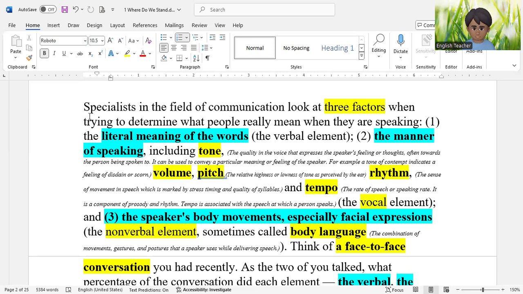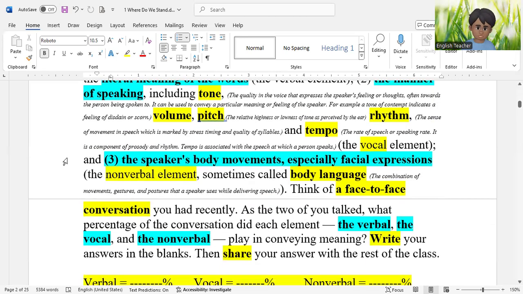Body movement and facial expressions make the non-verbal element, meaning derived without using words. This is also called body language. And body language combines, note down, movement, gesture, posture that the speakers use, eye contact, facial expression, right?